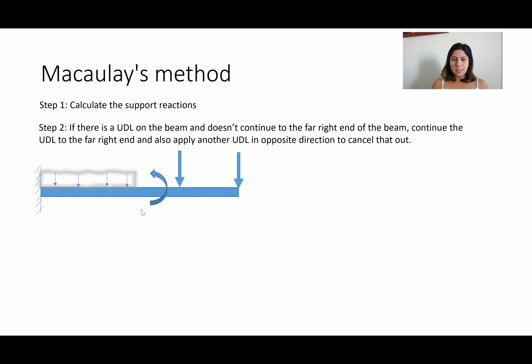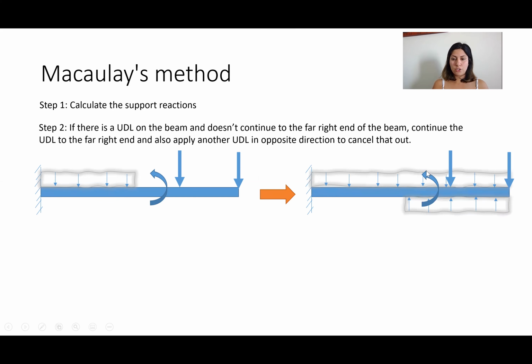In case that you have a UDL on your beam and it doesn't continue to the end of the beam, you need to continue that UDL from where it stops to the end.